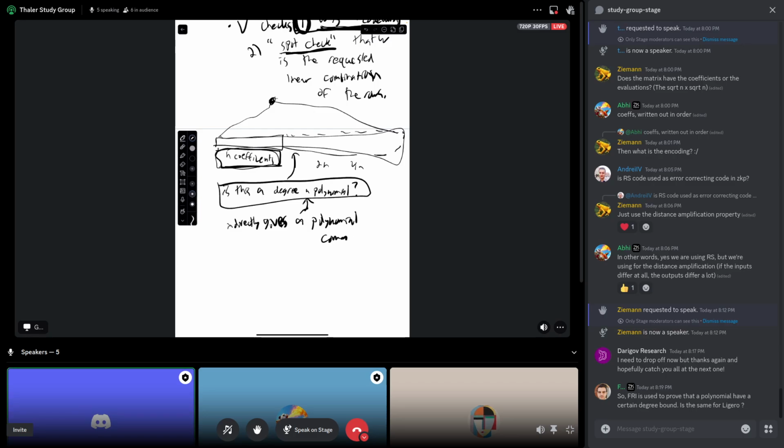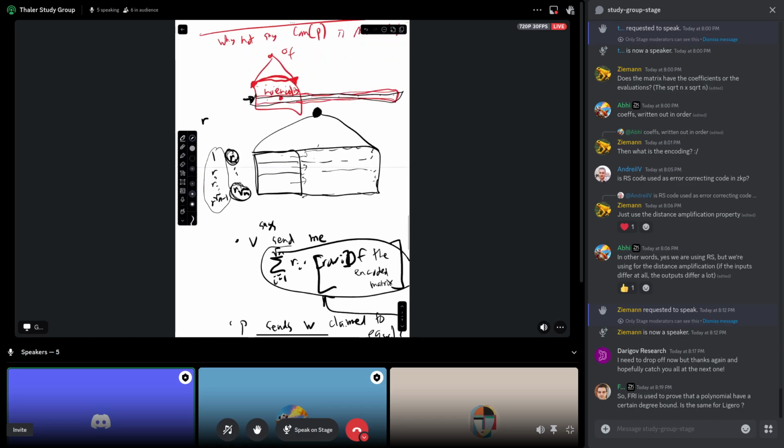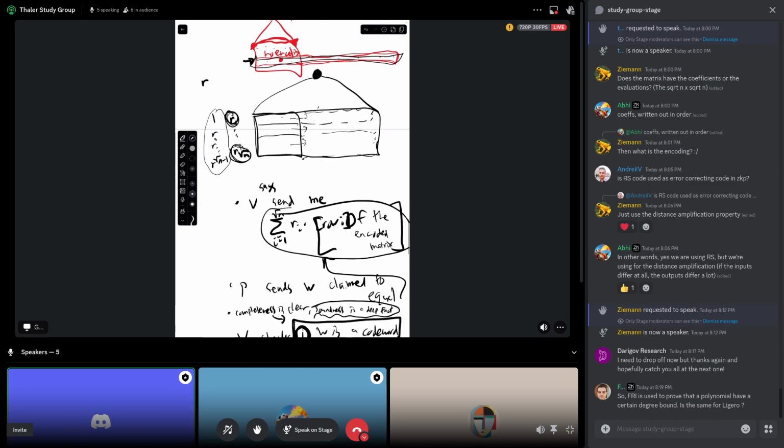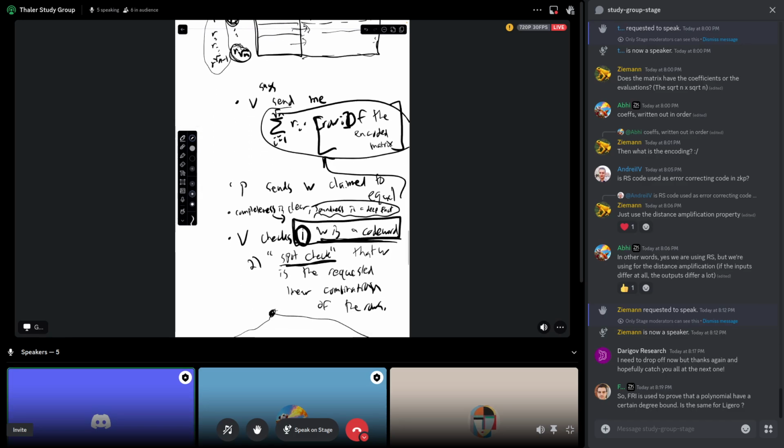Similarly, as we're about to see, the question that we're answering with the Ligero testing phase, asking whether each row is a degree root n thing, is also sufficient to give a polynomial commitment scheme.